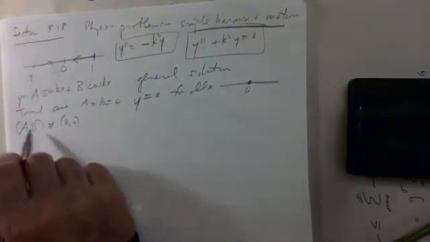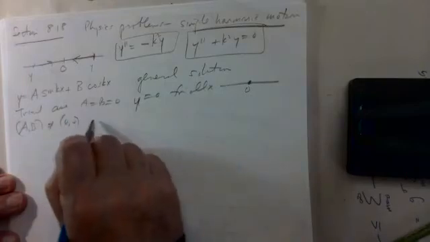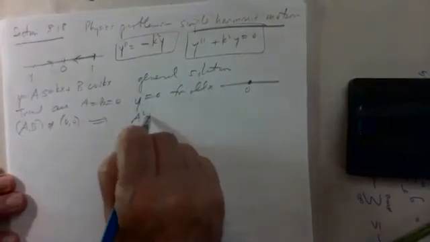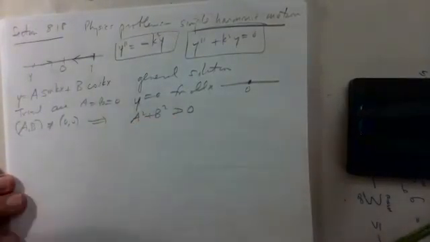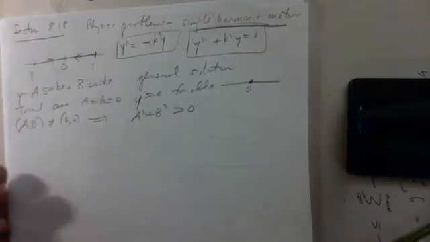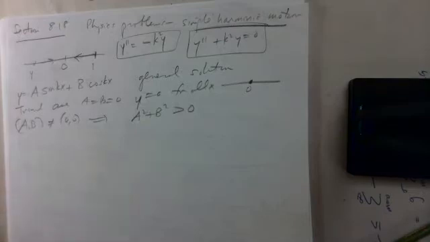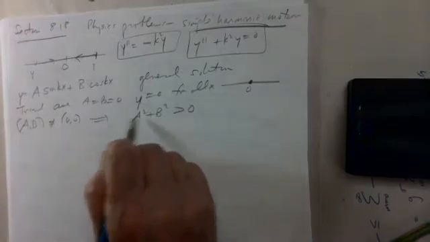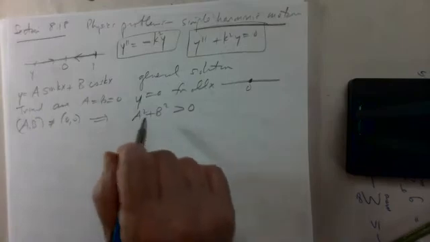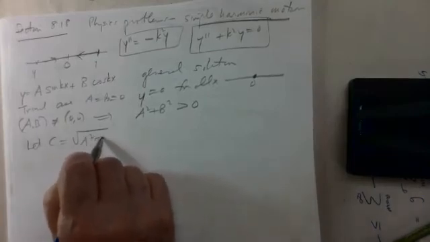So one or the other or both of these numbers is non-zero, which means a squared plus b squared is positive, right? Because whenever you square a non-zero number, you get something positive. And I'm going to define a squared plus b squared as c squared. So let c be the positive square root of a squared plus b squared.